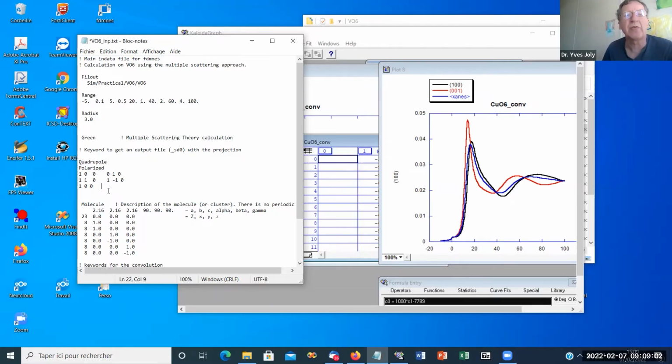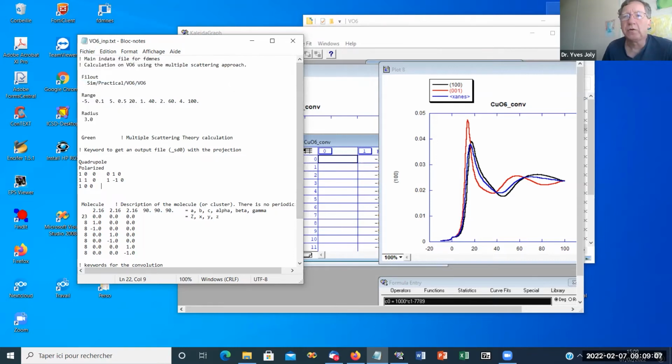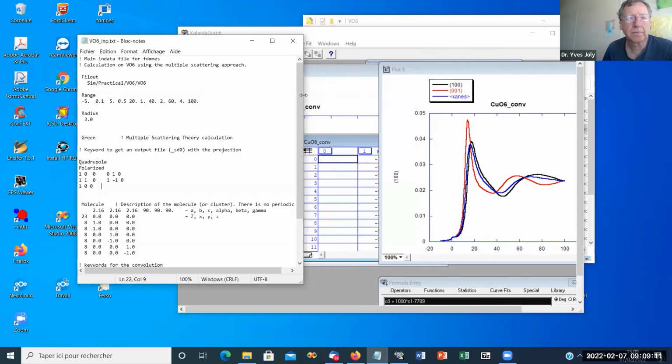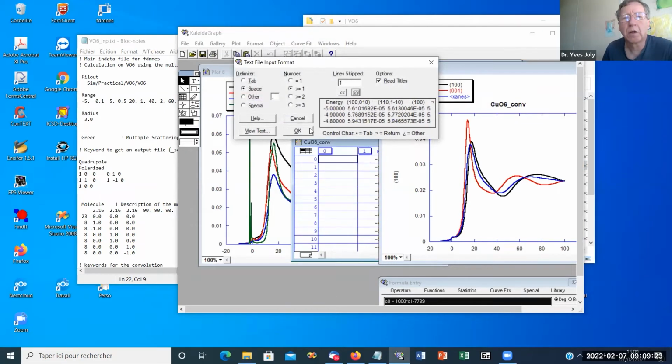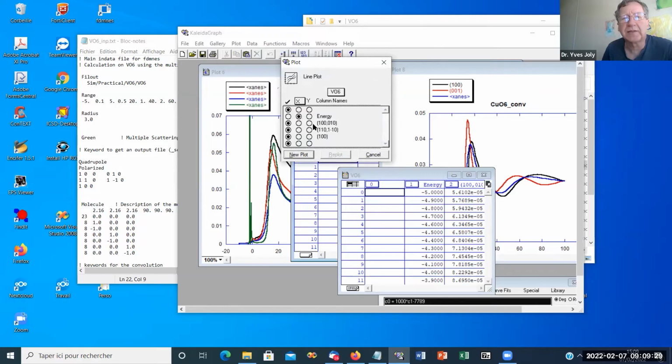So for this one, I will have just the dipole part. I call it IO6, but I use a non-convoluted one to see better.